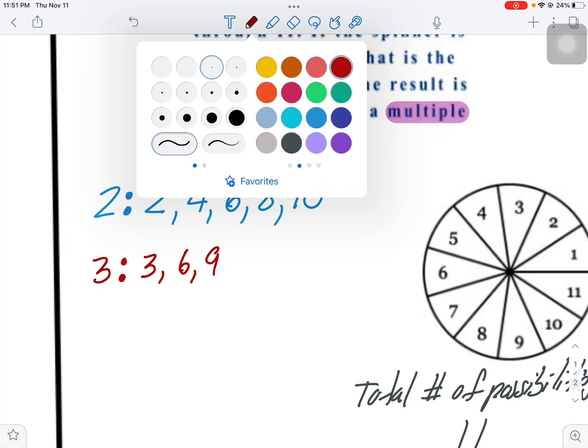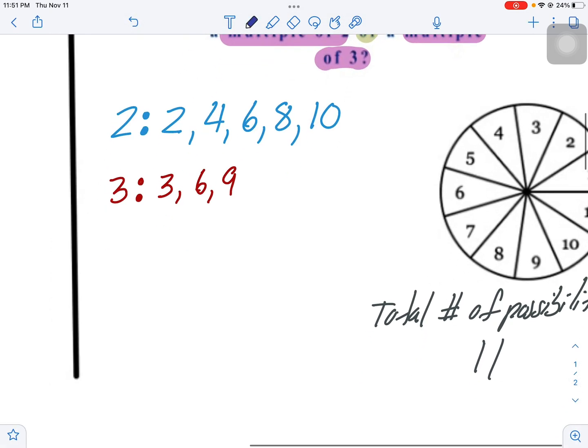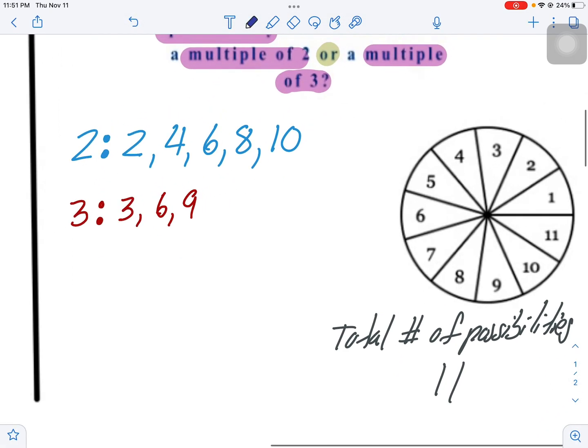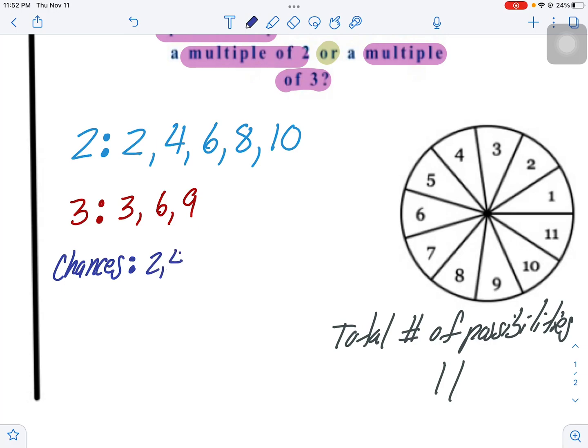So what are our possibilities? What are our chances? Our chances are 2, 4, 6, 8, 10. Let's do this list now. 3, so we can do 3.